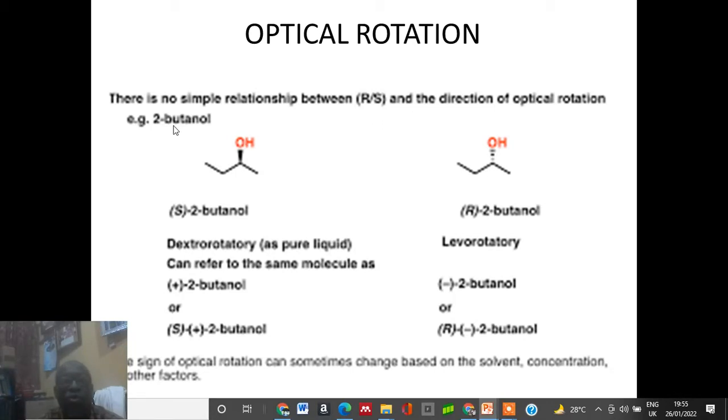For example, S-2-butanol is dextro. Dextrorotatory as a pure liquid can refer to the same molecule as (+)-2-butanol and vice versa. The sign of optical rotation can sometimes change based on the solvent, concentration, and other factors.